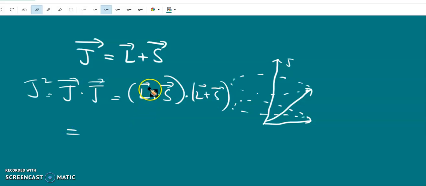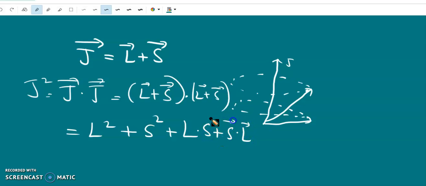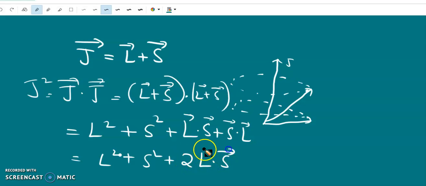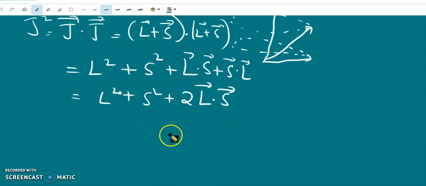So we have L dot L is L square, S dot S is S square, plus L dot S plus S dot L. So we have L square plus S square plus 2 times L dot S, since this is a dot product, and A dot B and B dot A are equivalent. So J square is this.